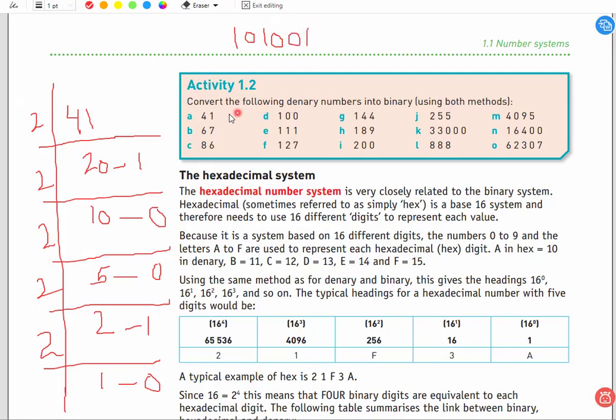Now, very easy, this is the answer. Its value is 1. Then you move forward. Go for 8. Here is 8. And similarly, this is 32, and it is equivalent to 41.